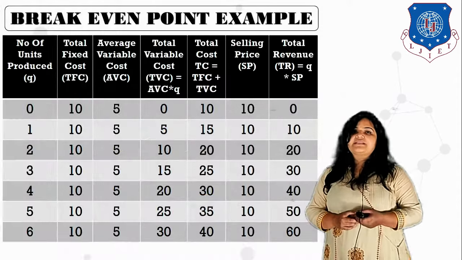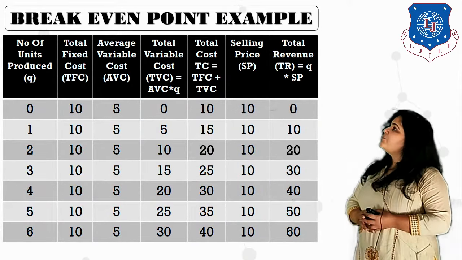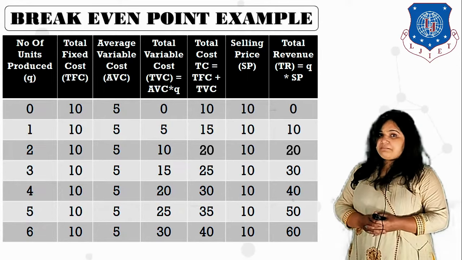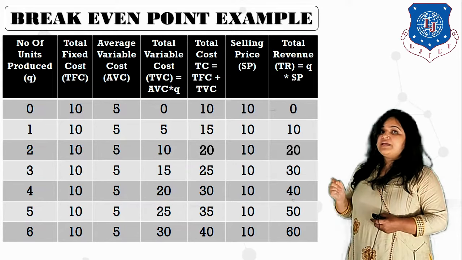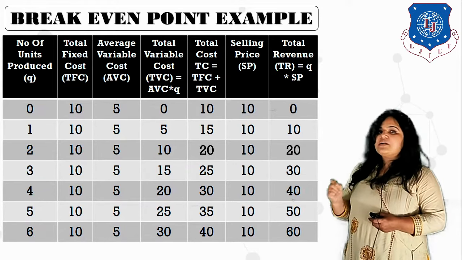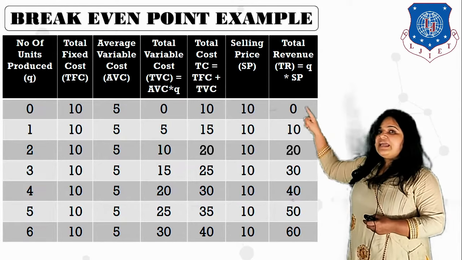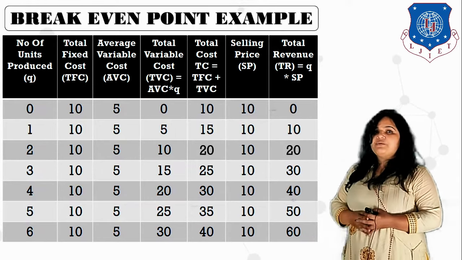Okay, students, in this particular table, can you find break-even point for me? If you remember, break-even point is the point where your total cost equals your total revenue. Can you find any such row where my total cost and total revenue are equal?